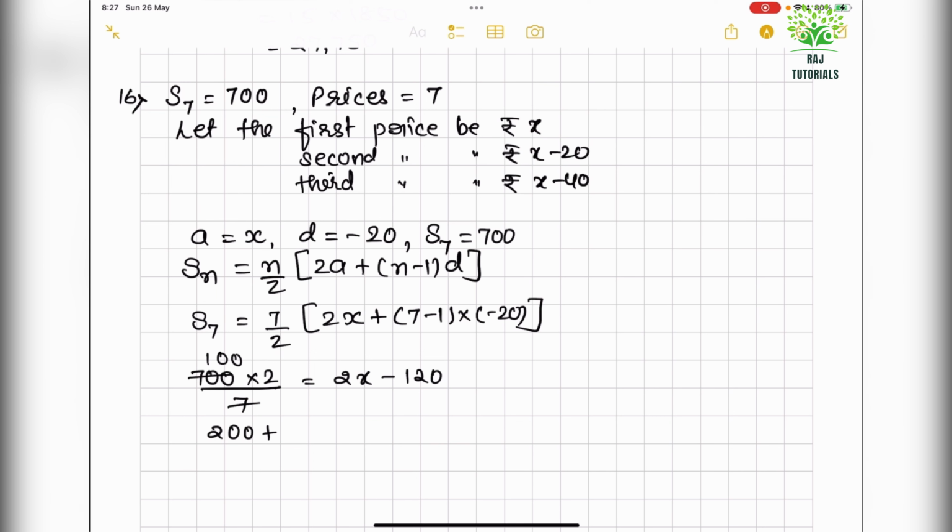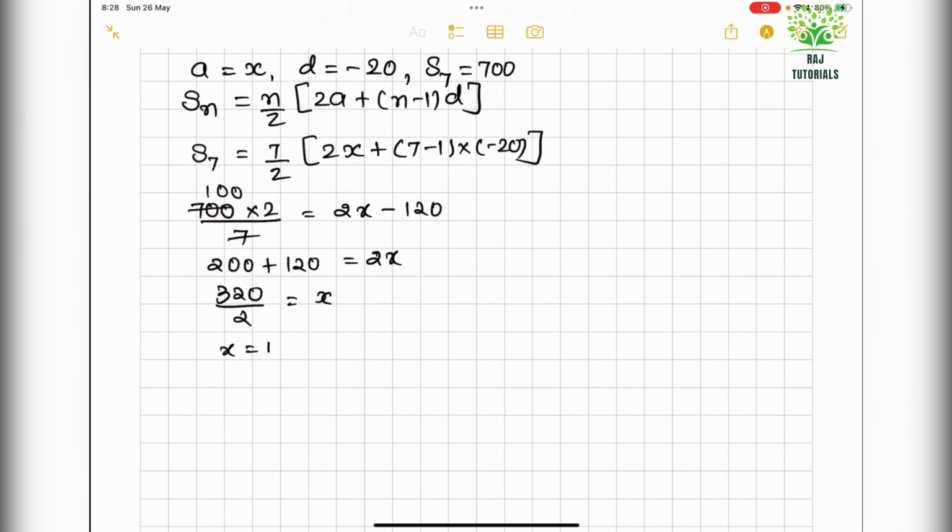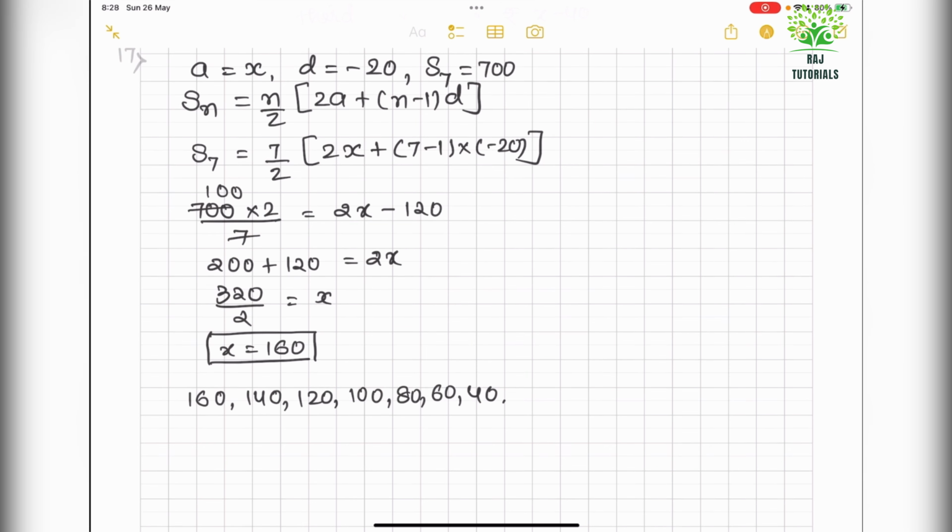So 200 plus 120 equal to 2x. So 320 by 2 equal to x. X equal to 160 rupees. So first prize is 160. So I can say the AP will be 160, 140, 120, 100, 80, 60 and 40.